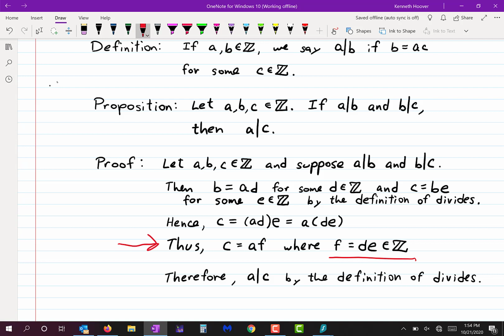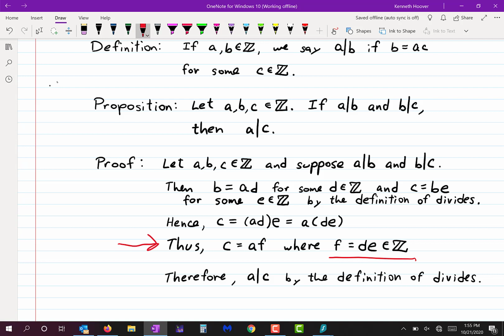That's called the closure property of the integers. And if this was an abstract algebra class, I forgot what number that class is, then maybe I would write that down. But I'm just being honest with you. I don't think it's necessary to point out here that an integer times an integer is an integer.